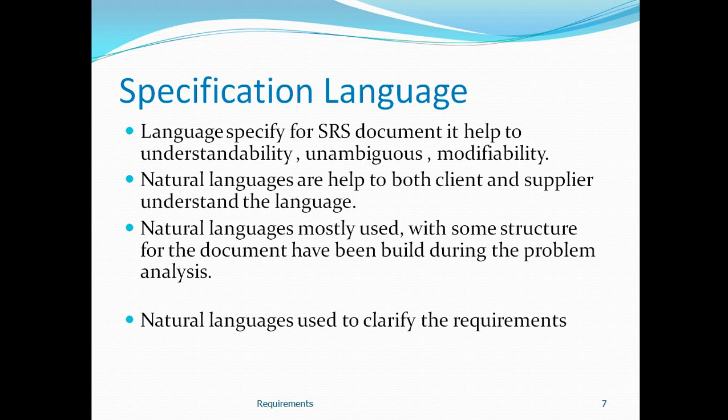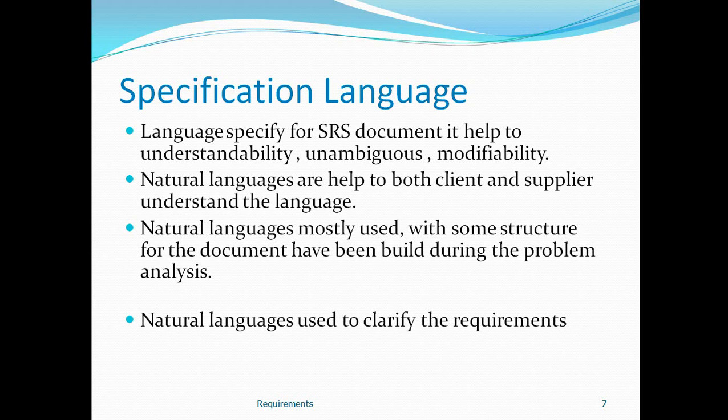Some advantages are there. The user and the developer can easily understand the elements and the functioning of the system, and they can avoid ambiguity, meaning words with multiple meanings can be avoided easily. And modifiability: whenever they want a change, they can modify the software.